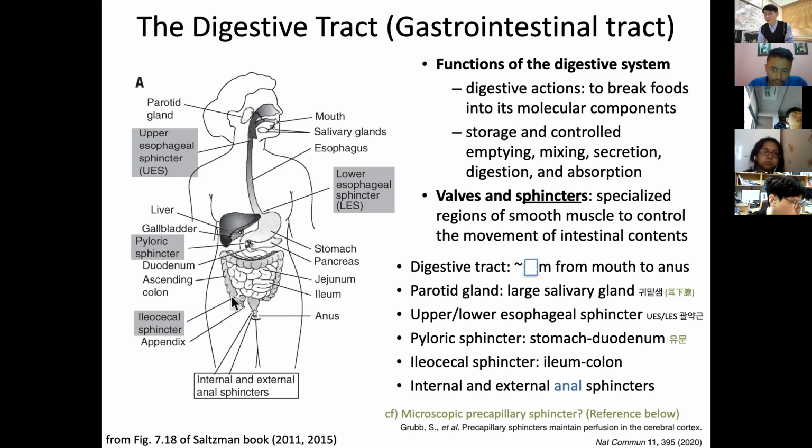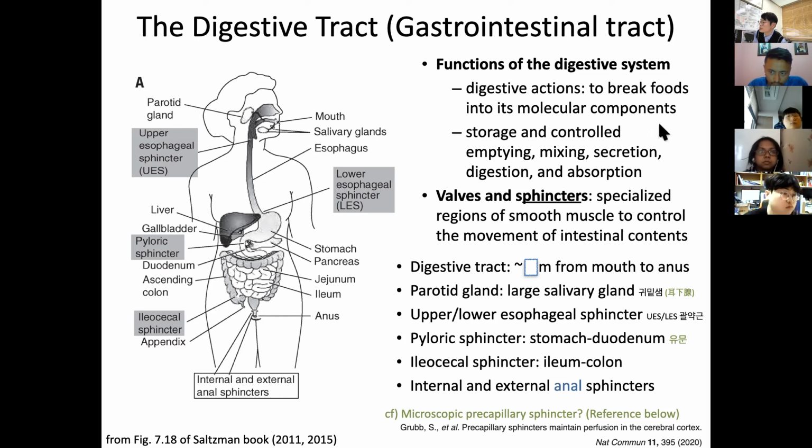So there exists the ileocecal sphincter. Of course, you have the anus, which has two kinds of sphincter, internal and external. In fact, the internal sphincter is involuntary, and the external is voluntary. So normally you're fine, but when you're sick or diseased, sometimes you have an accident because the sphincter doesn't work very well.